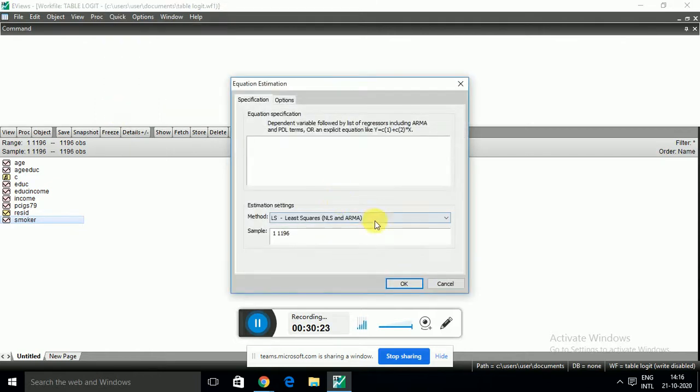So again, let's try to estimate the equation here. Let's say that smoke is my dependent variable, and I have PCIGS 79, income and education, and let's now try to use the Logit Probit model.